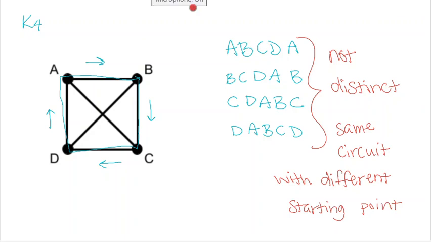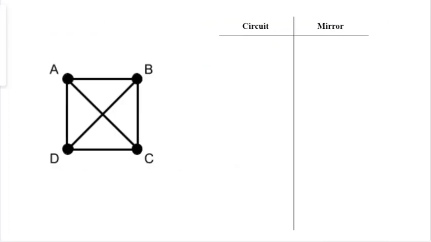So what do we really mean by distinct? Let's take a look at this same graph of K4. So we already said that we could do A, B, C, D, A. That is one circuit. We are starting at A and going around the circuit this way.